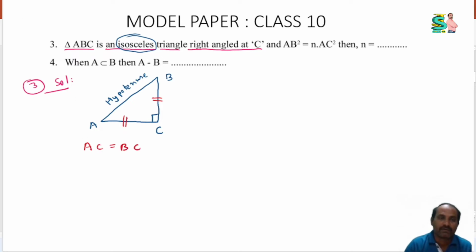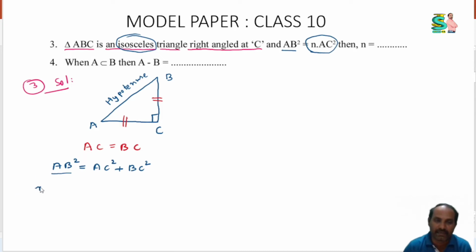Okay, now check the answer. By the Pythagoras theorem, AB square is equal to AC square plus BC square. What is the Pythagoras theorem? Hypotenuse square is equal to the sum of the squares of the other two sides. AB square is given as n into AC square.